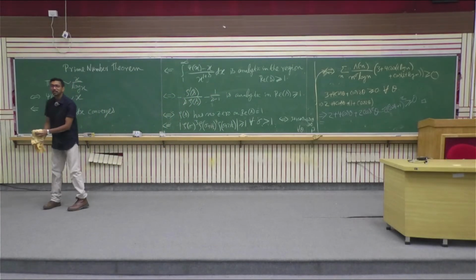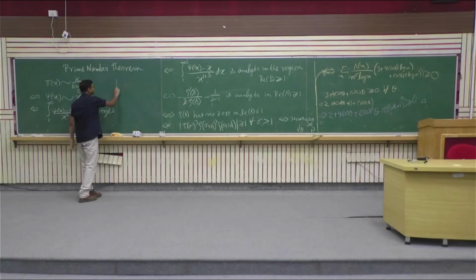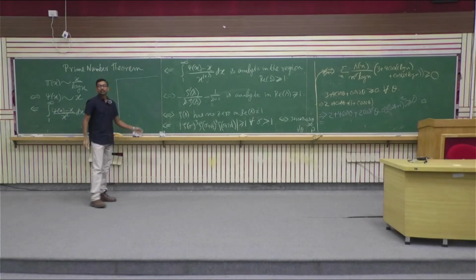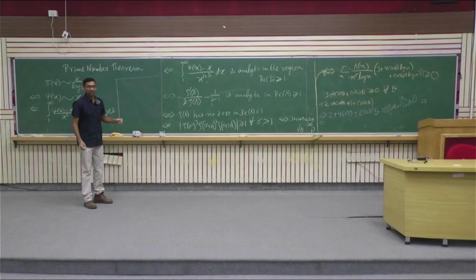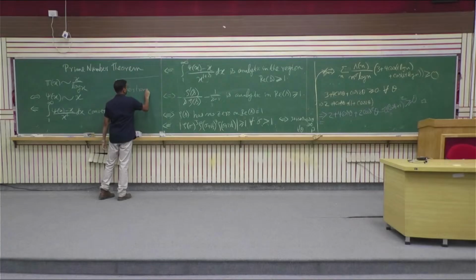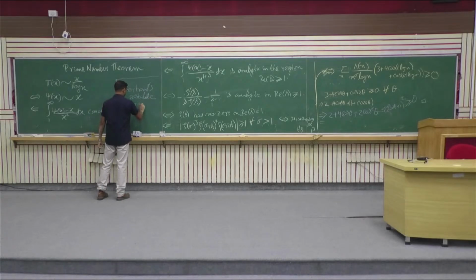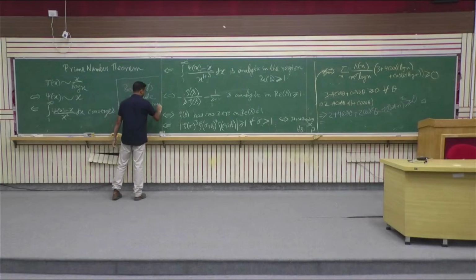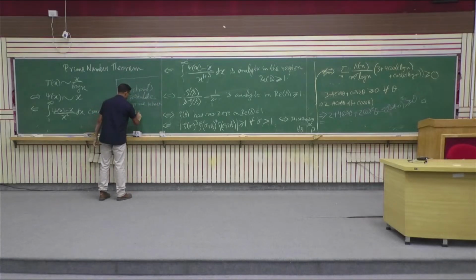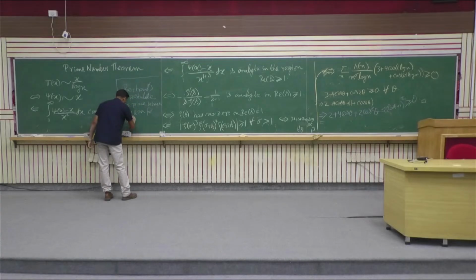Now, a small exercise for you. You recall in the first lecture, Professor Ritabrata Munshi mentioned Bertrand's postulate, right? That is, there exists a prime between n and 2n for all n.